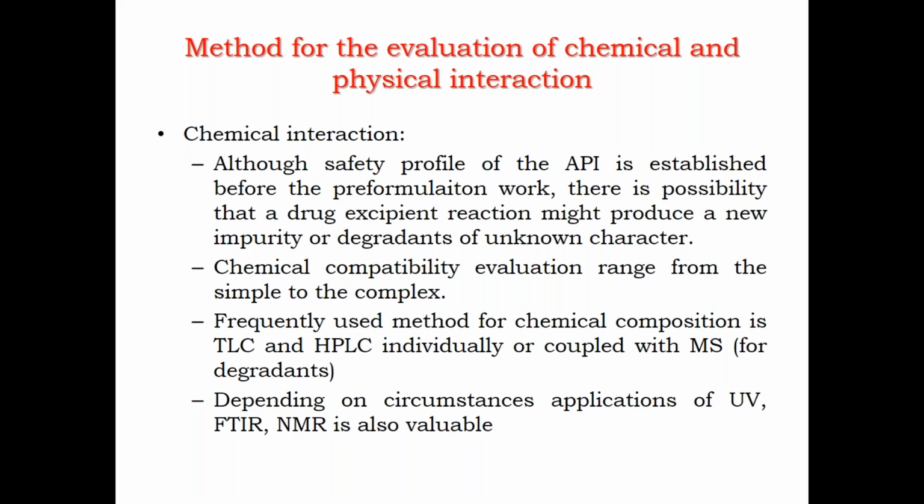Sometimes we can also use other spectrometric analysis techniques like UV, FTIR, and also NMR. All these analytical techniques you will be studying in detail in the analysis subject, which is the modern pharmaceutical analysis subject.